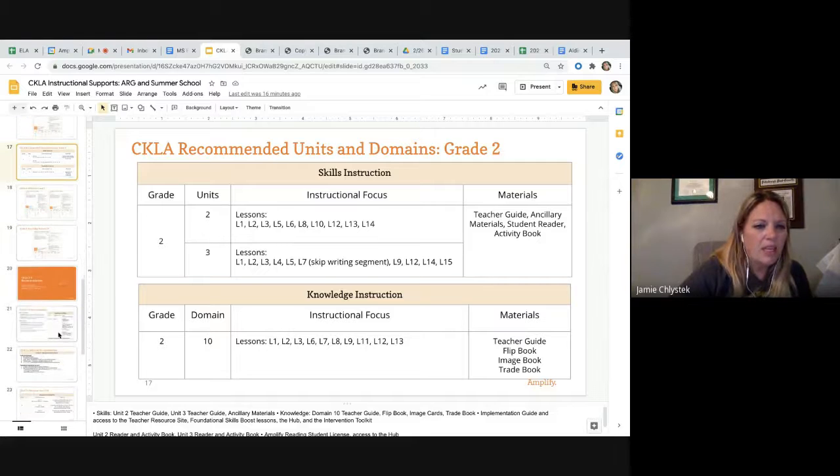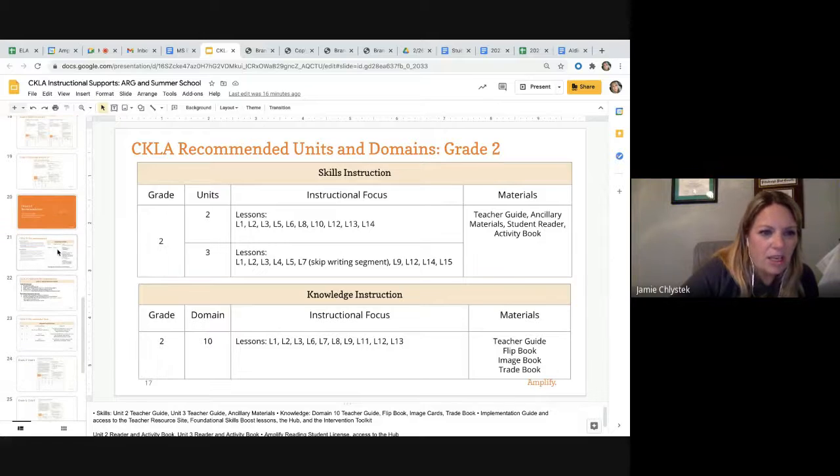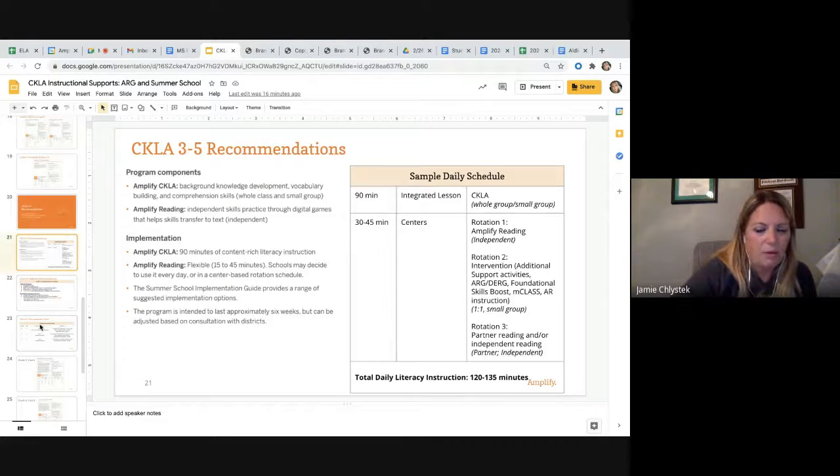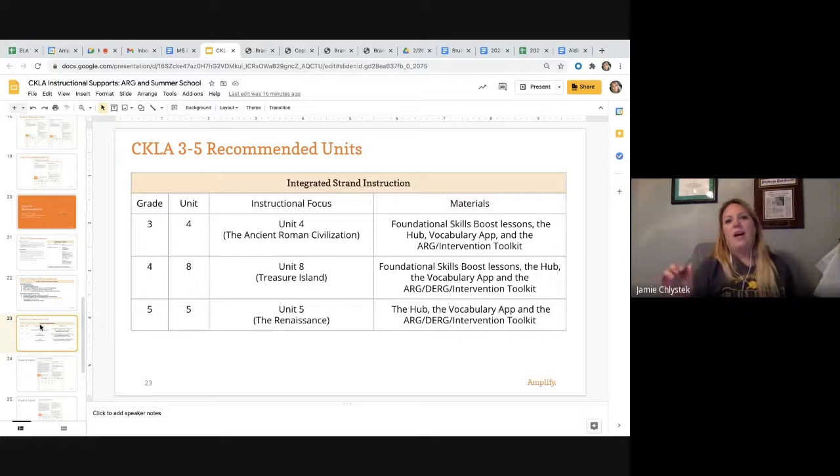And then we do have recommendations for 3rd, 4th, and 5th grade. You'll see it here whenever you get it. So we've identified additional units for 3rd, 4th, and 5th grade for a couple reasons, but I also want to share the "and" clause to this, which is that it gets trickier with 3rd, 4th, and 5th grade because we don't have the 2 strands. And we know that sometimes our students that are coming to us in summer school might need something a little bit different at 3rd, 4th, and 5th grade.